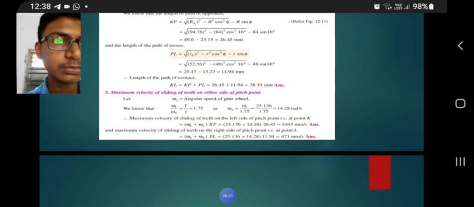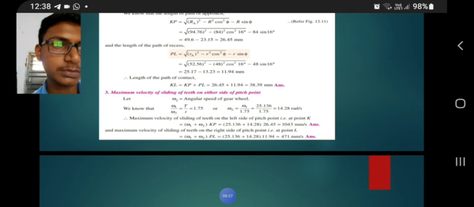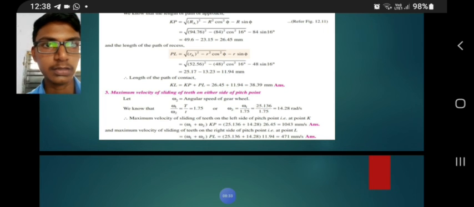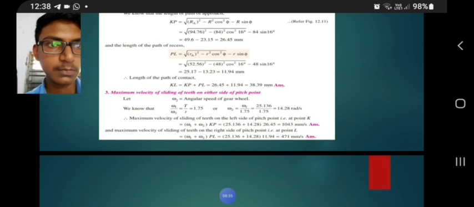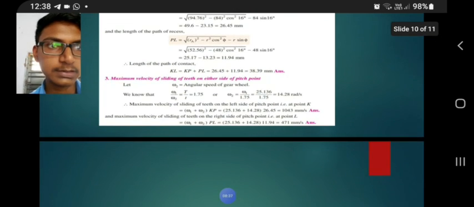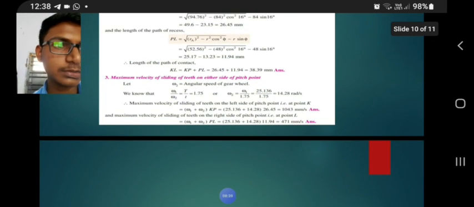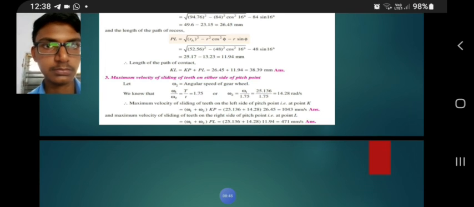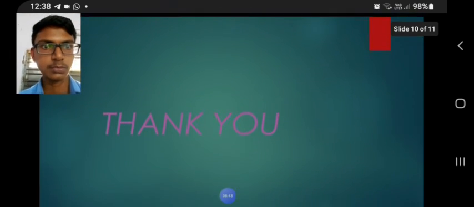You know the value of omega 1, so by knowing this formula we will be able to find out the angular speed of the pinion, and then the final answer is 471 mm per second. Thank you. That's all about interference.